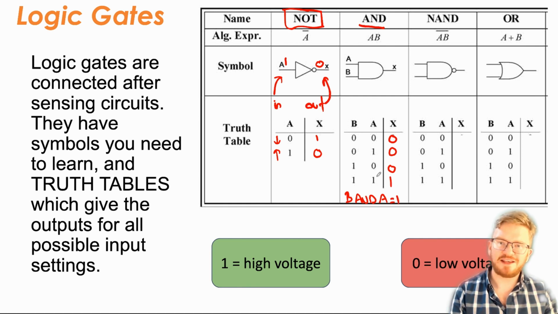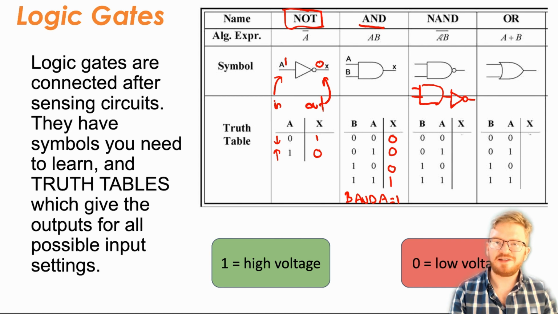Now a NAND gate is quite a clever one. A NAND gate is actually an AND gate followed by a NOT gate. If you look at the symbol here, can you see I've got this circle on the end, like on a NOT gate, and I put that same circle at the end of a NOT AND gate, or NAND gate.